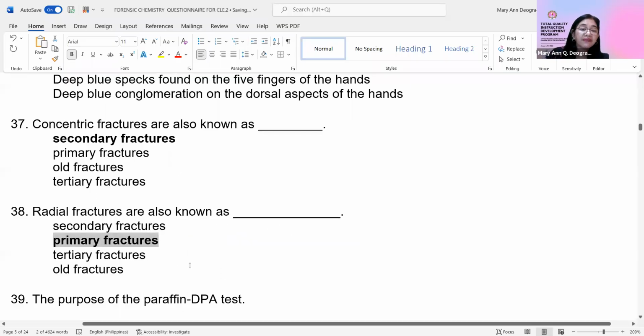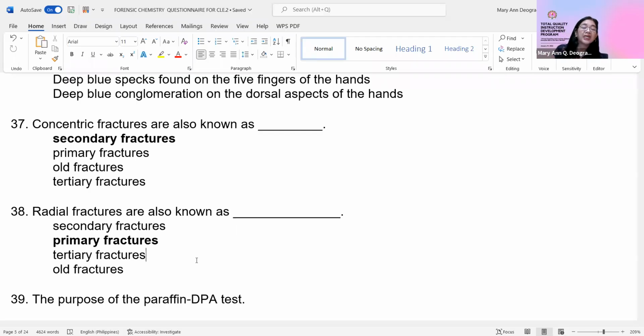And the primary fractures usually starts at the rear side, doon sa likod ng ating glass, no? Because it is the back portion of the glass that will stretch out. So once the stretching limit is reached, that's the time that the glass will start to crack.